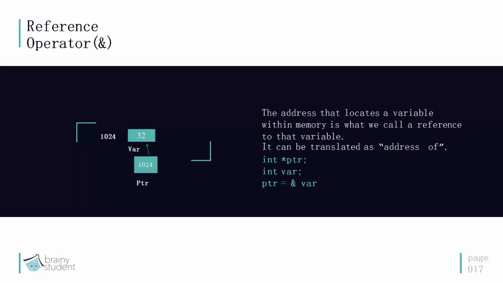Next is the reference operator or address of operator. The address that locates a variable within memory is what we call a reference. We know that as soon as we declare a variable, the amount of memory needed is assigned to it at a specific memory location.